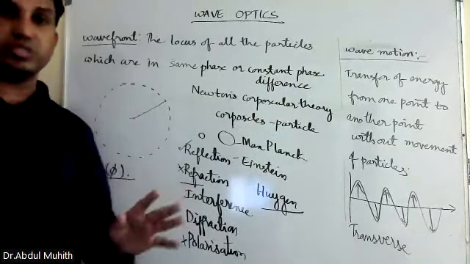We already discussed this in AC currents also. When I was explaining AC current, I explained constant phase difference: maybe 30, 40, 50 degrees, something like that.